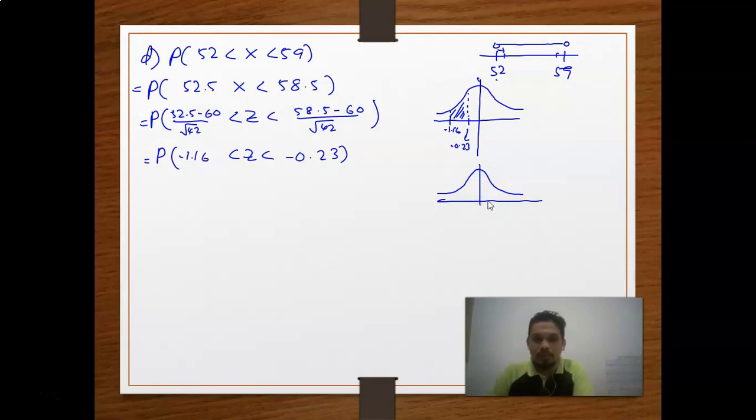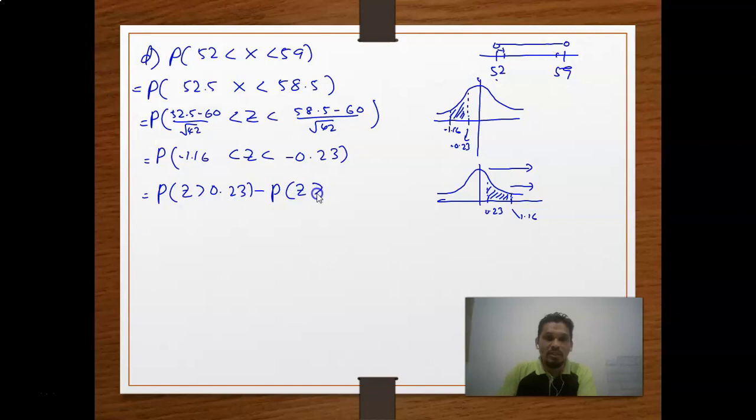Now here is 0.23 and here is 1.16. So class, we can only find the result of this by finding the probability of z greater than 0.23 minus probability of z greater than 1.16.